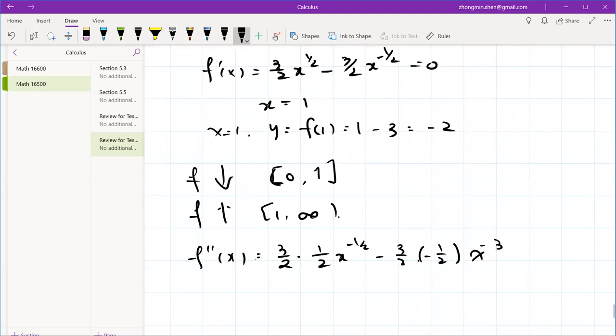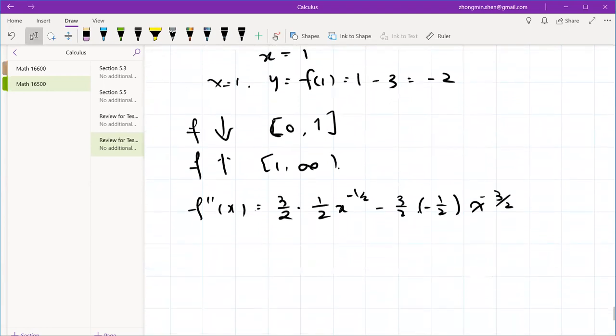Right? It's almost, yeah, it's going to be, I take the 3 over 4 out, I get x to the 1/2 plus x to the -3 over 2.